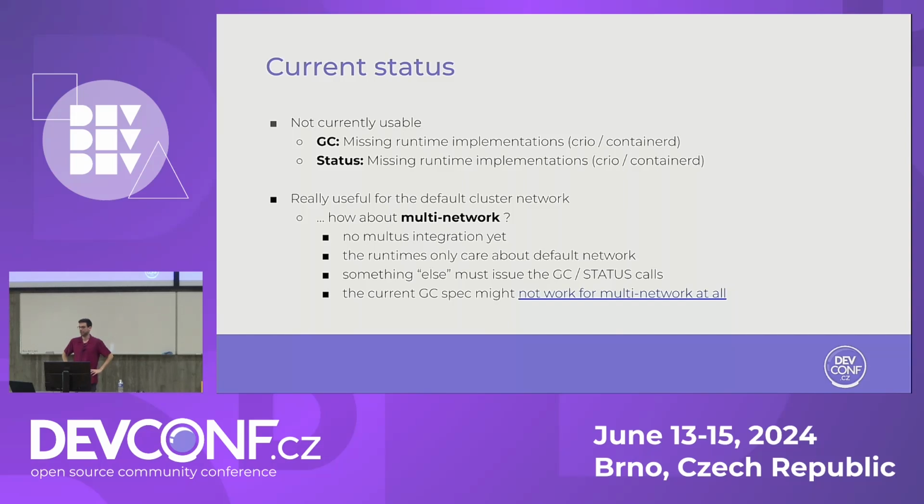The thing right now is that this is not currently usable for the simple fact that the runtimes do not implement these calls yet. The specification has these things. The plugin library allows you to call it, but simply the runtimes do not invoke it. The garbage collection call is never invoked from the runtime.